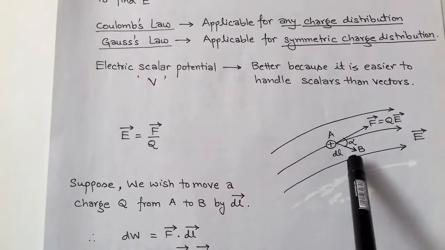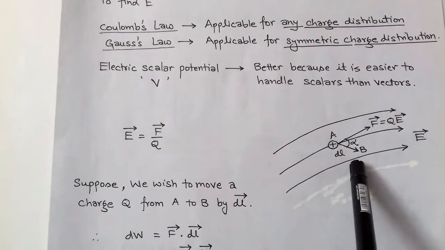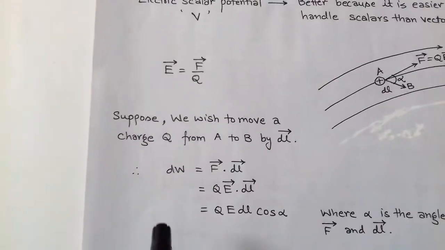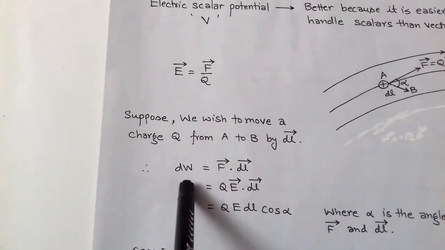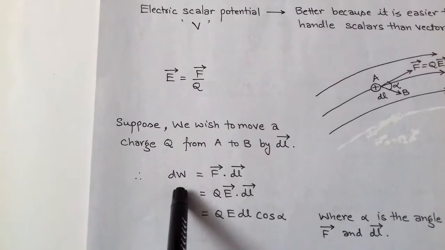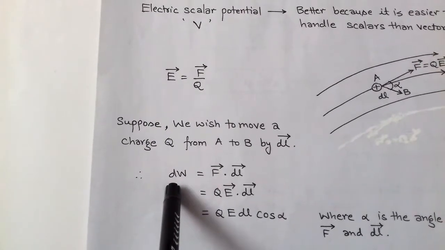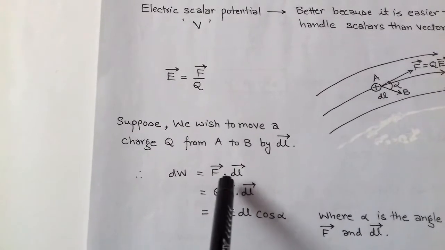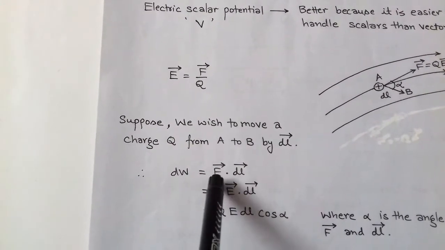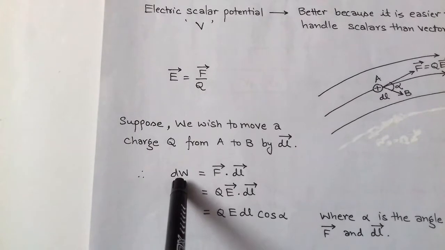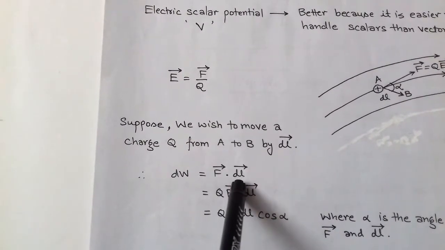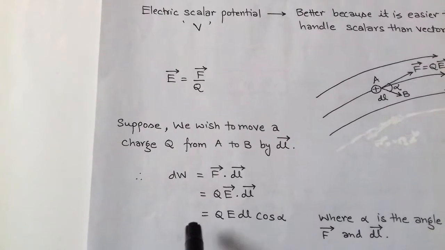While displacing from point A to B, there is some work done, and since this is a small displacement, there is a small work done denoted by dW. Now dW is equal to F vector dot dl vector. The small differential work is equal to the dot product of force vector and dl vector.